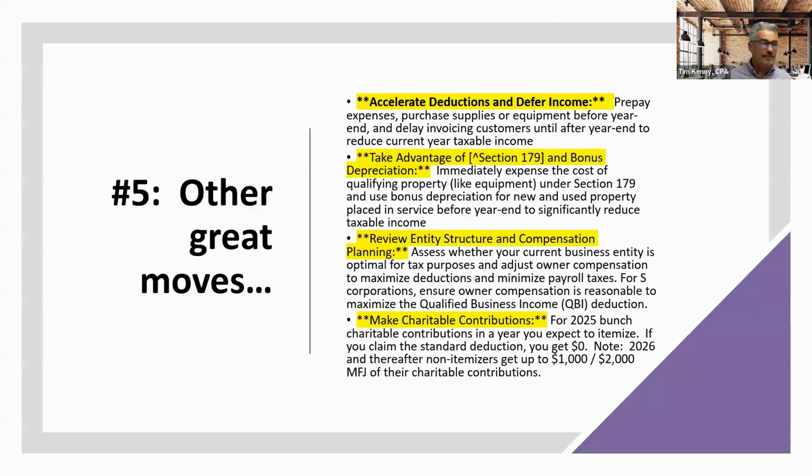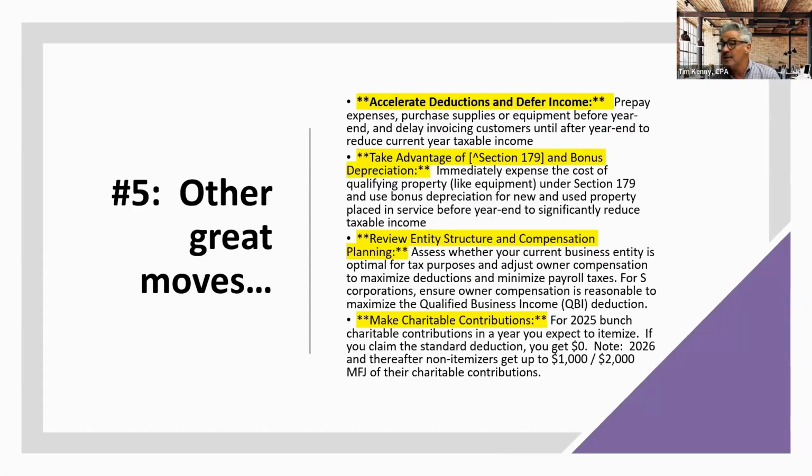Finally, we're looking at some other great moves that we've seen time and time again, and have helped clients execute on. The first one is something that many businesses will do. They'll accelerate deductions.